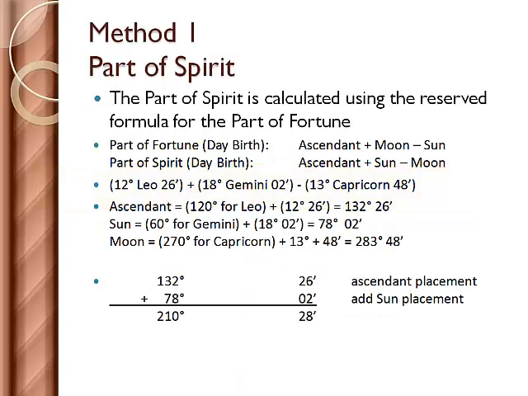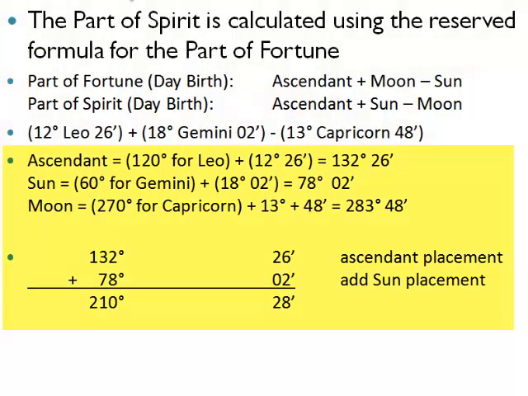We would do calculations the same way we did before. We've converted the ascendant, sun and moon position into the 360 degree circle. So we add the ascendant at 132 degrees to the sun placement at 78 degrees. That gives us 210 degrees 28 minutes.